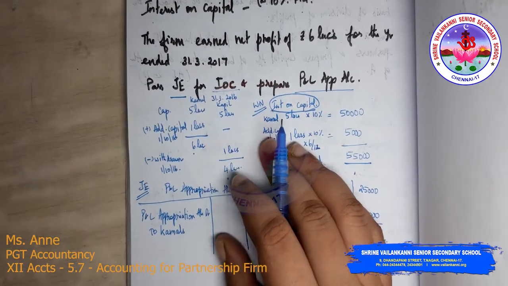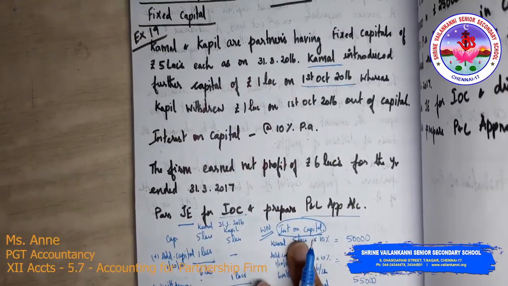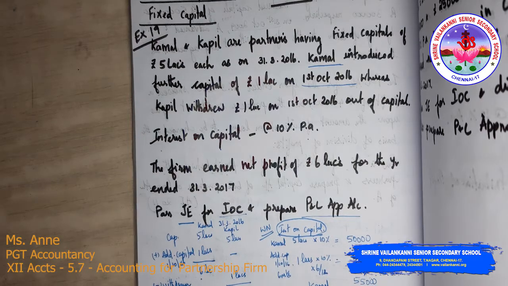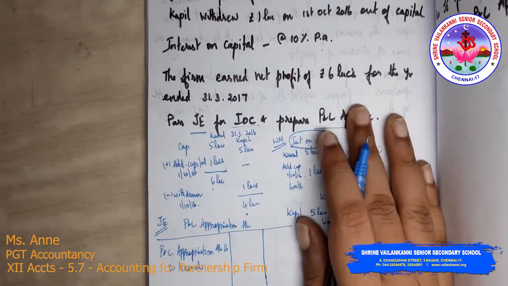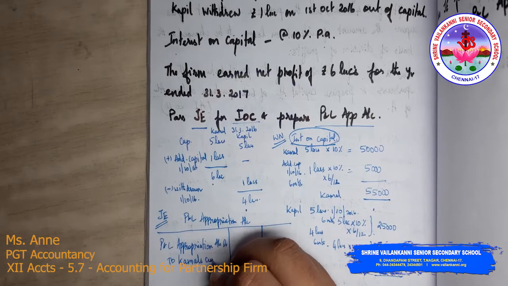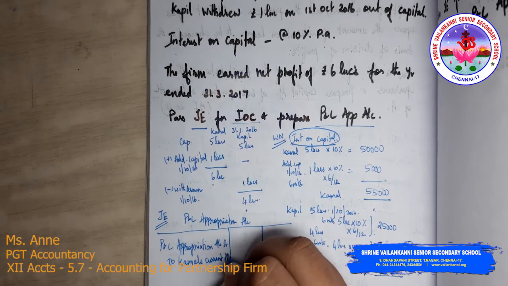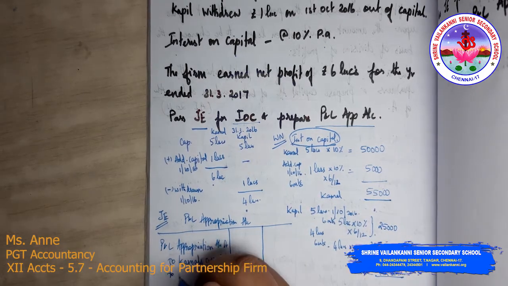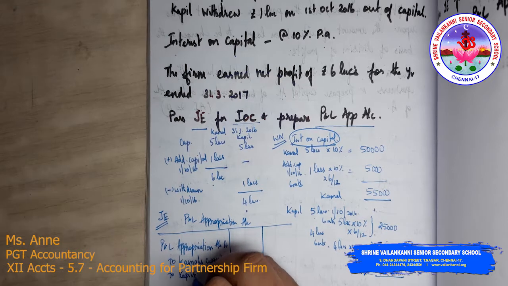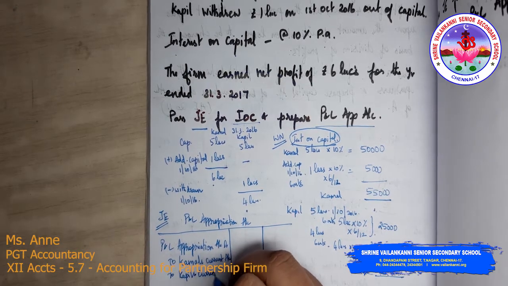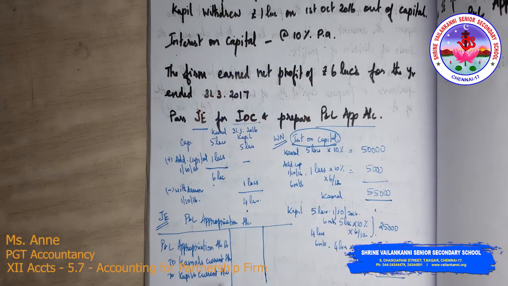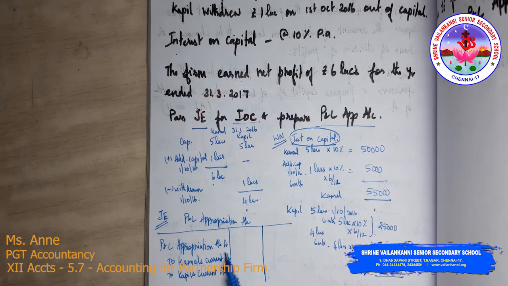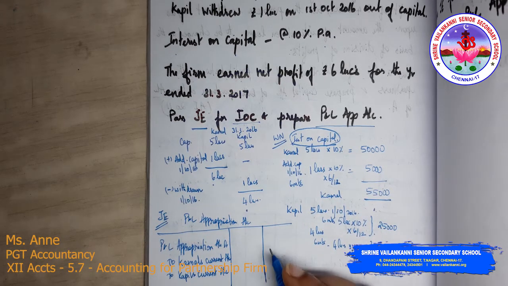See, it's the fixed capital method, so we have to have current account, and to Kapil's current account.